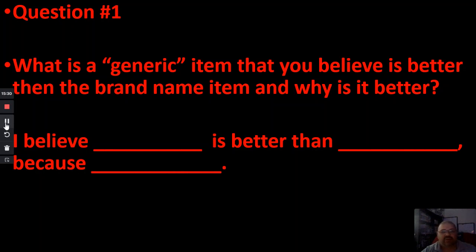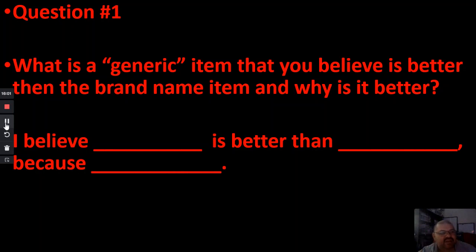People are like, "Oh no, you gotta get this brand name stuff," and it's like, well, no, this is actually better. So again, think of clothing, shirts, jackets, shoes, pants, or the name type of brand stuff, and you're like, well, no, this is actually better. Like I gave the example with the cereal. So just think about it.